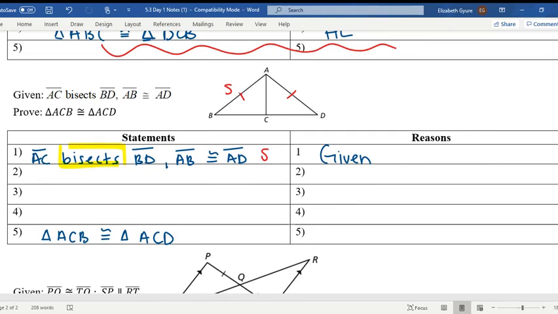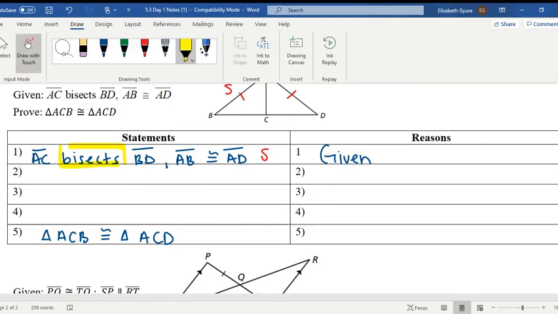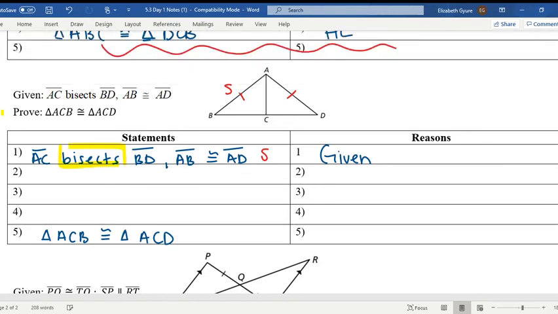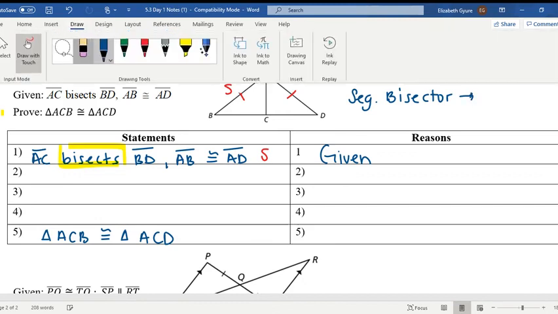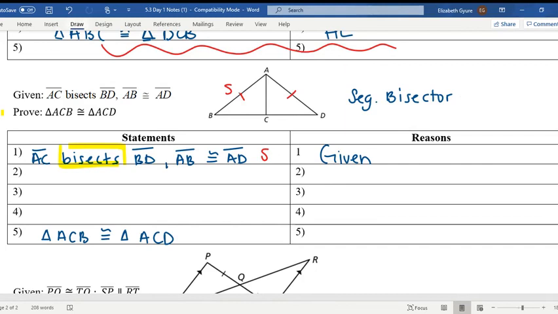A segment bisector is a little bit trickier though. A segment bisector does not automatically cut it in the middle. A segment bisector isn't automatically going to make two congruent parts. If you have a segment bisector, and I would maybe write this down, a segment bisector is going to make a midpoint.